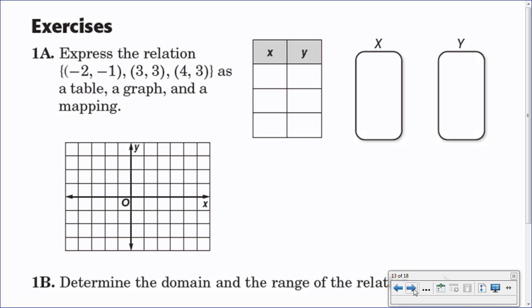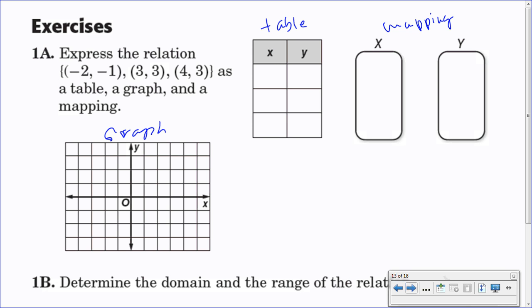What is this, right down at the top? Mapping. What is this one? Graph.